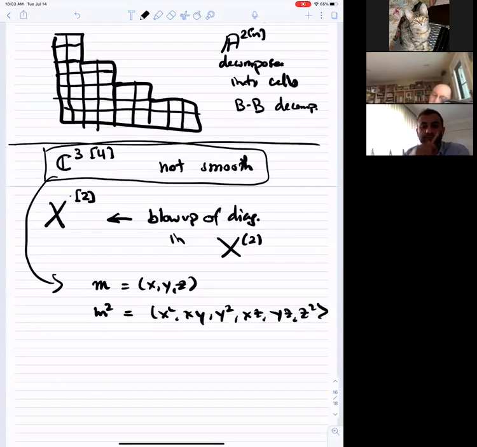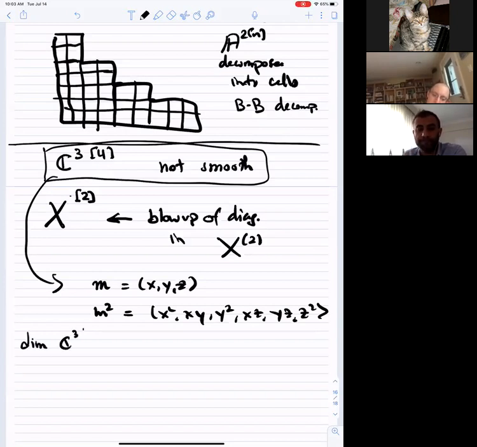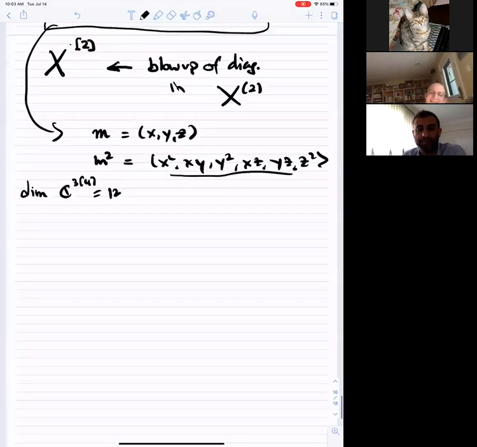If you look at a point like this, then the Hilbert scheme is not smooth. The dimension of the Hilbert scheme of 4 points on C3 is 12. The tangent space at a point like this is, I forget, 18 or something like this.